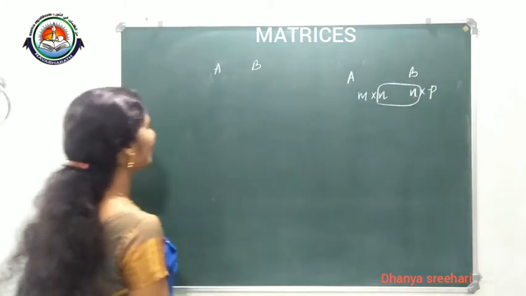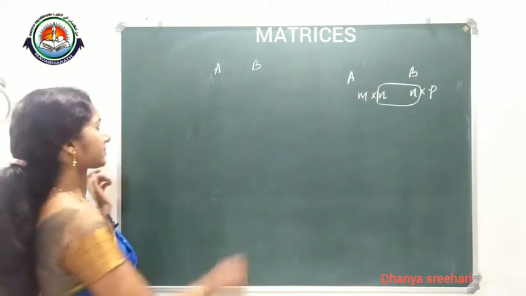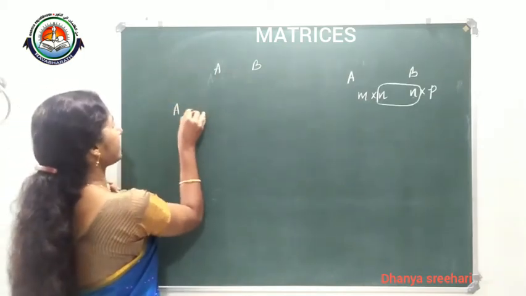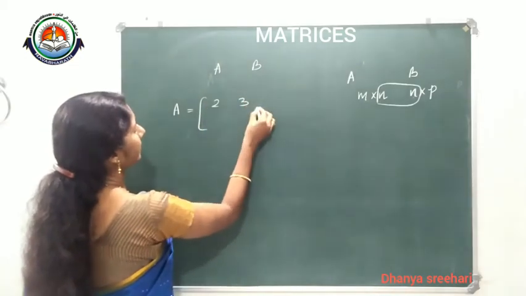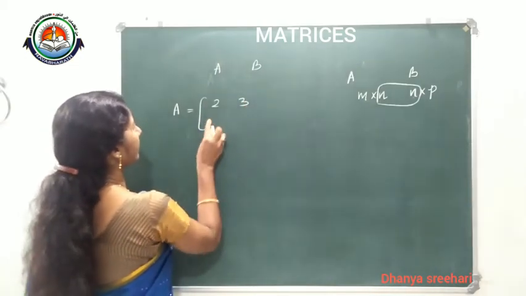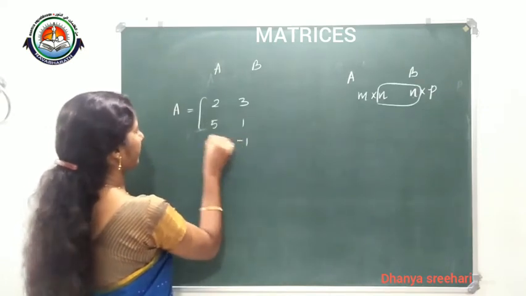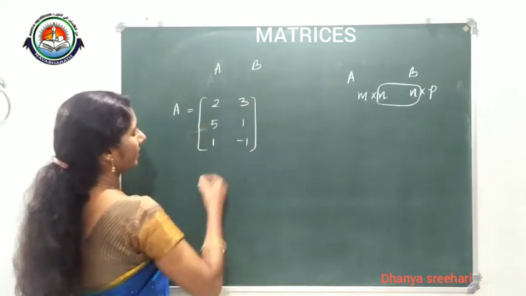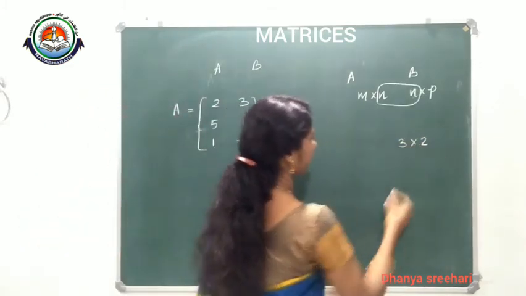Let us do one example to see how the multiplication works. One matrix A is given: 2, 3, 5, 1, 1, minus 1. I wrote a 3 by 2 matrix.